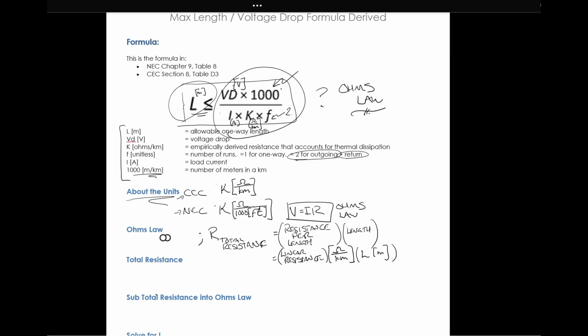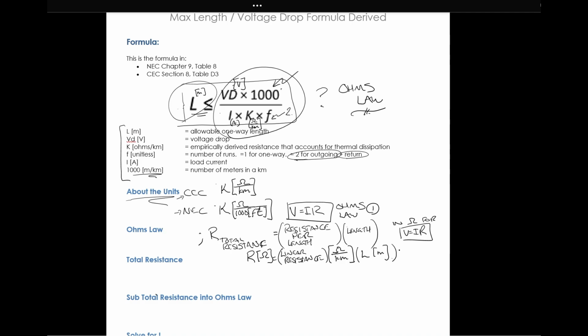Because of expressing it in meters, if I want this total resistance R in ohms for Ohm's law, because I want to sub this into V equals IR, which is equation 1, then it has to be in ohms.